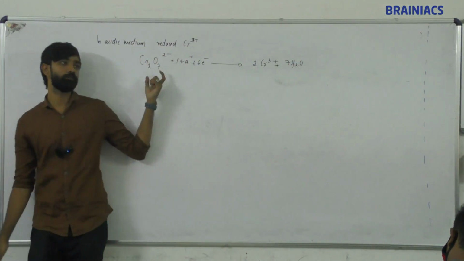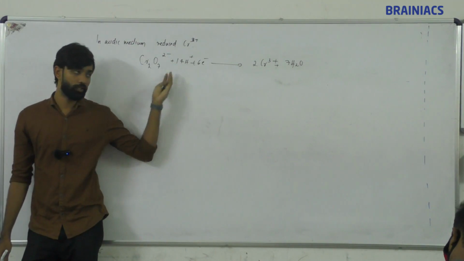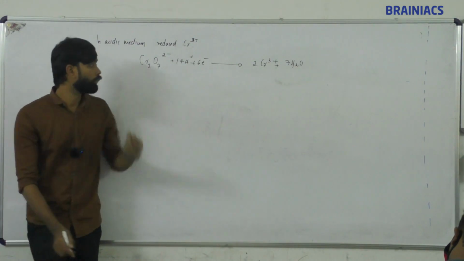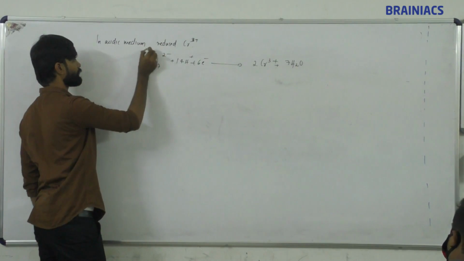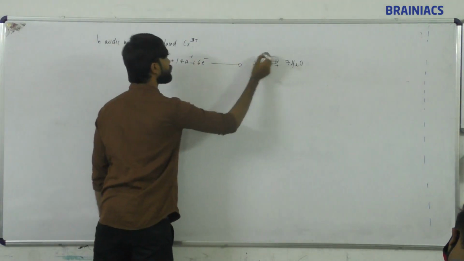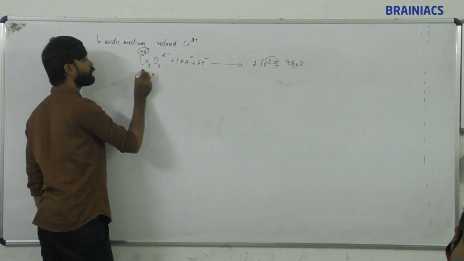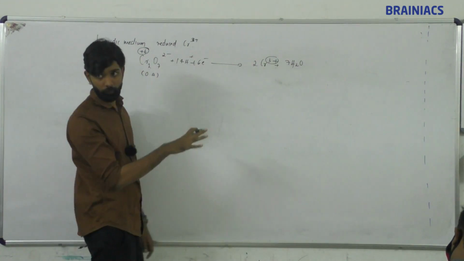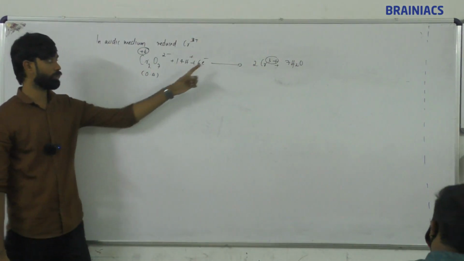In acidic medium, this is the half reaction of the reduction of chromium, from +6 to +3, where dichromate acts as an oxidizing agent. The product is Cr3+.